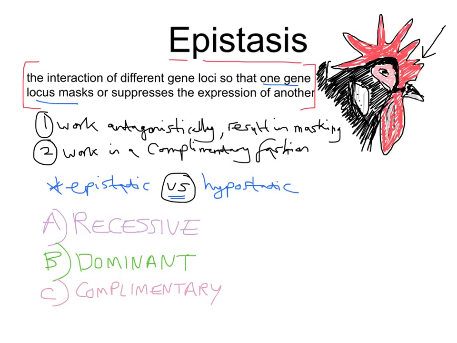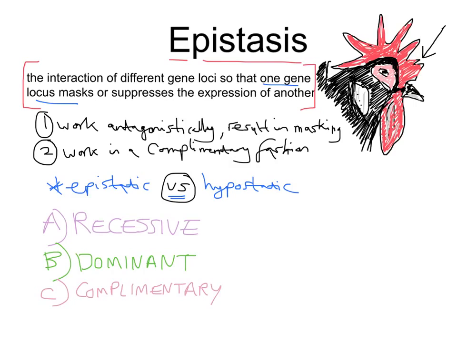Now, recessive epistasis is where the presence or the homozygous presence of a recessive allele, by homozygous I mean two of the same, homozygous presence of a recessive allele may prevent the expression of another allele at a second locus. So basically having two recessive alleles might actually prevent the expression of another one at another locus, another position on another chromosome even.